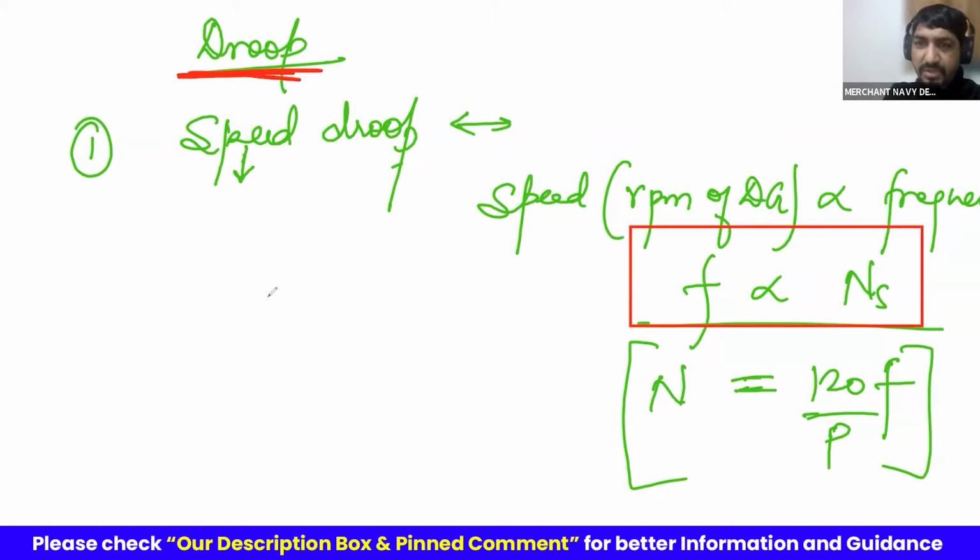So droop is deliberately induced in the RPM controller or speed controller, or you can say frequency controller, because that is linked to frequency as well.